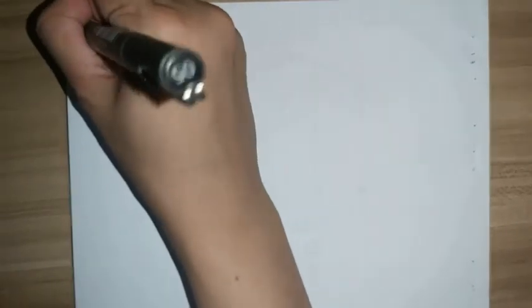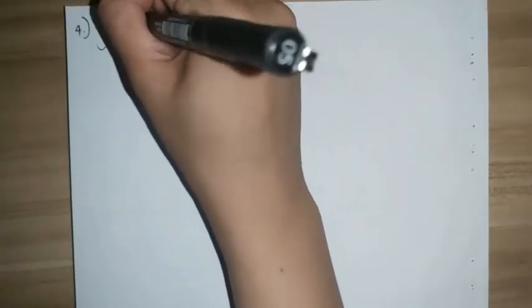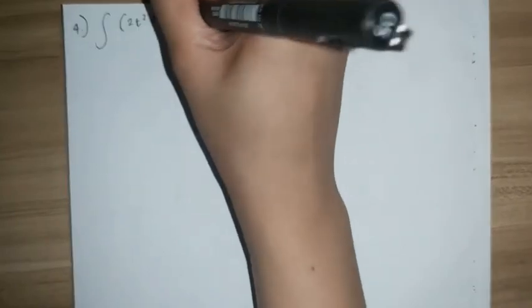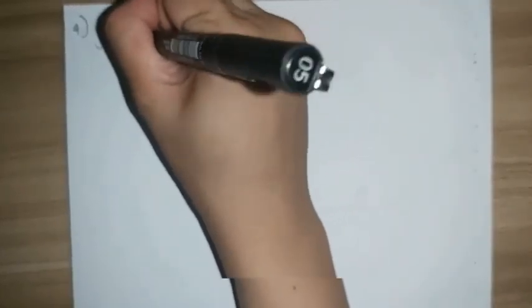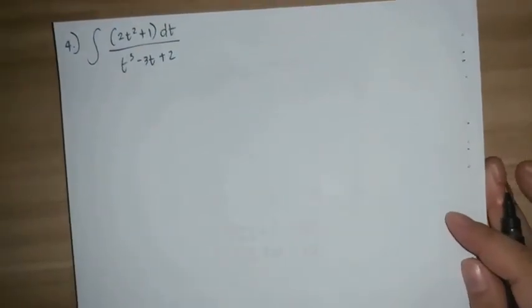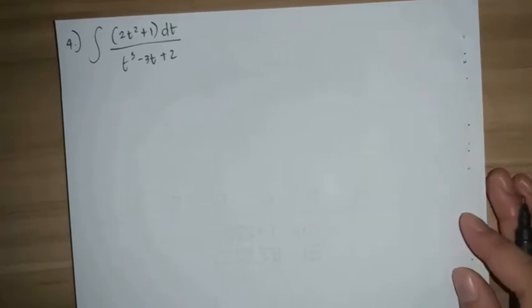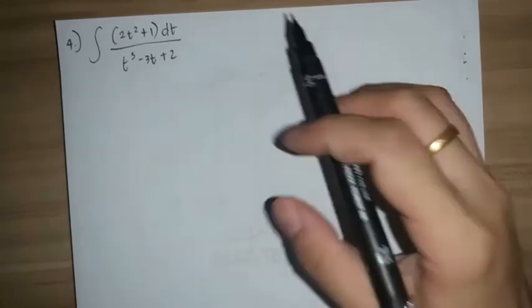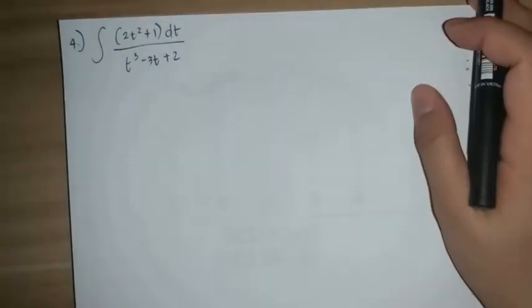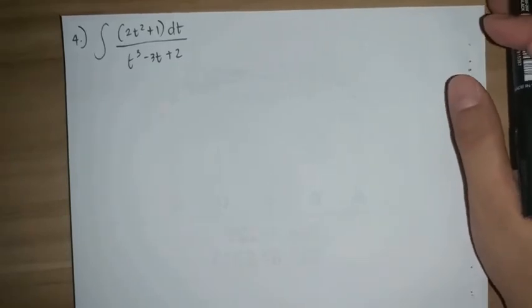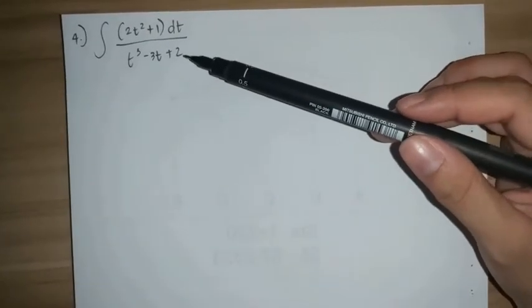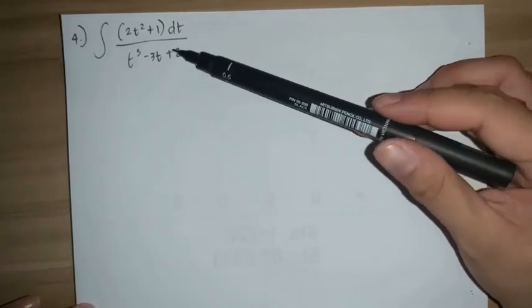So number 4, we have quantity 2t squared plus 1 dt all over t cubed minus 3t plus 2. Right, this is your given. Now here, let's try to check which case this integral belongs to. As you can see, we can still reduce this denominator, right?